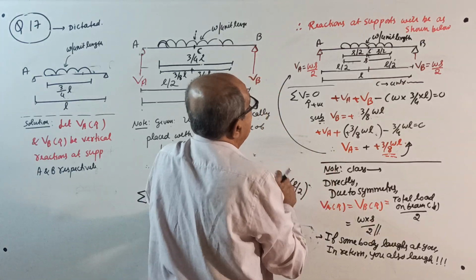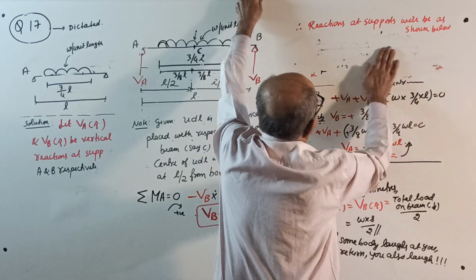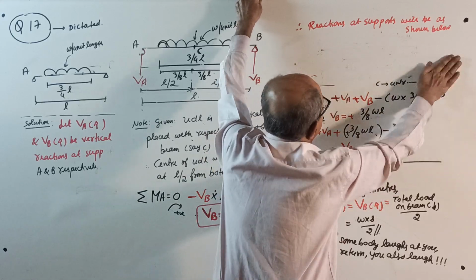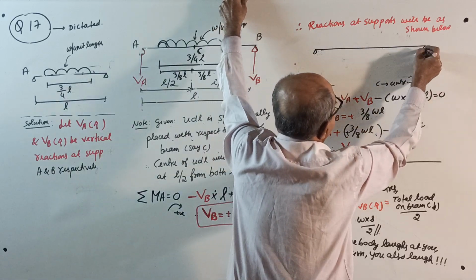Now write here. Therefore, new sketch. To understand correctly, write neatly. Therefore, see, if the simply supported beam is here, it's the beam.